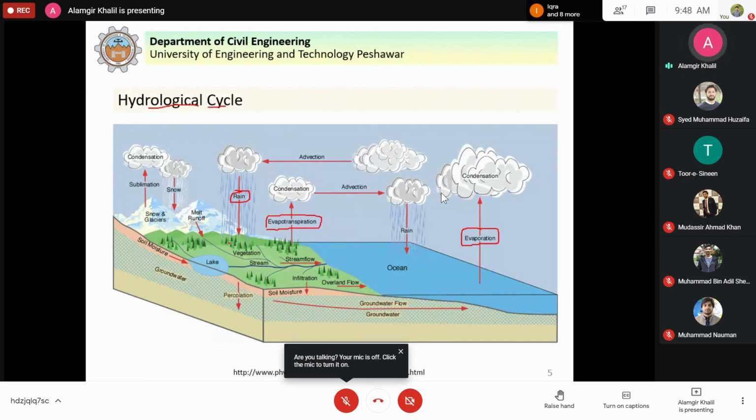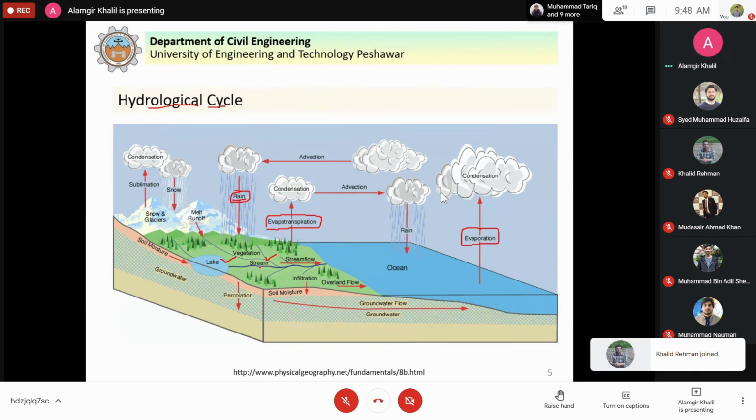Similarly, the surface water that is coming can add to the storages such as lakes or appear as surface runoff in the form of stream. And this stream can again drain to the ocean.